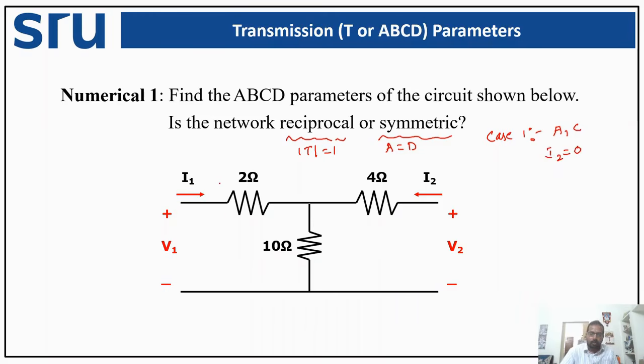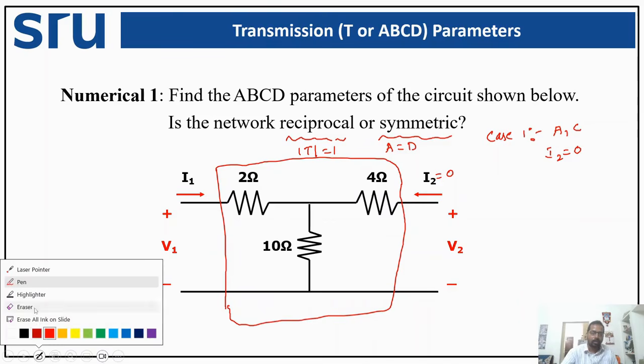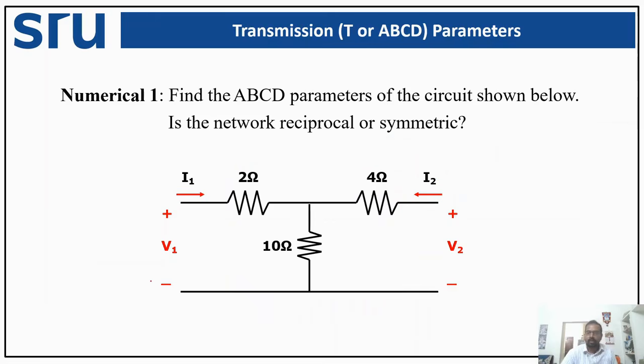If you assume this is a black box, we can compute the A and C parameters when I2 is equal to 0. So how does the circuit look when I2 is equal to 0?